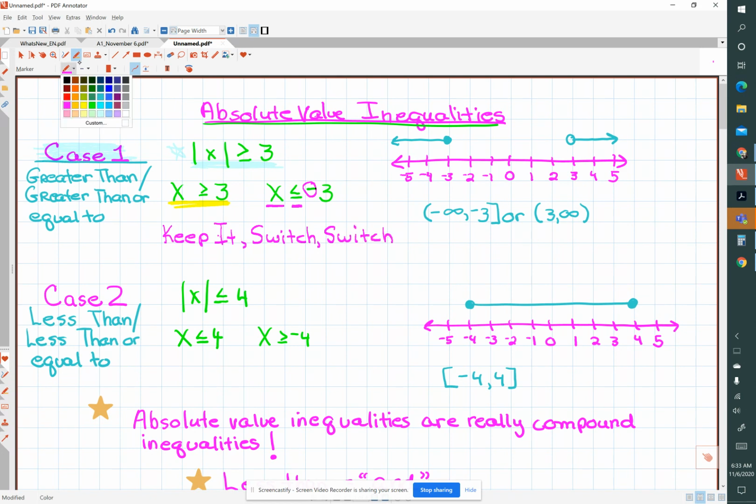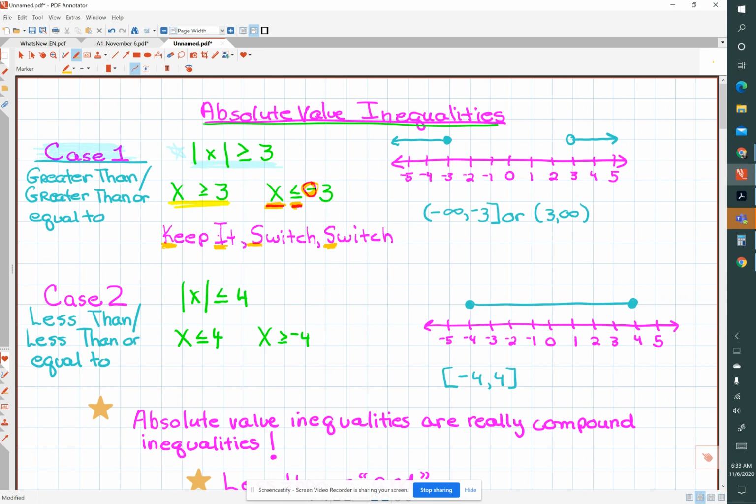Okay, so what did we end up here? We ended up with K, I, S, S. Keep it, switch, switch. So we've kept the variable. Then we switch the inequality and we switch the sign.